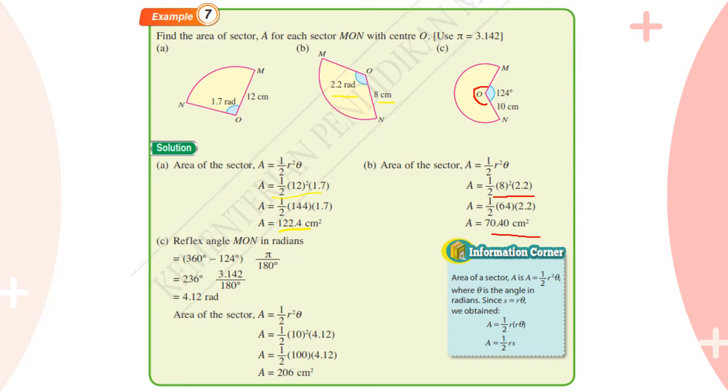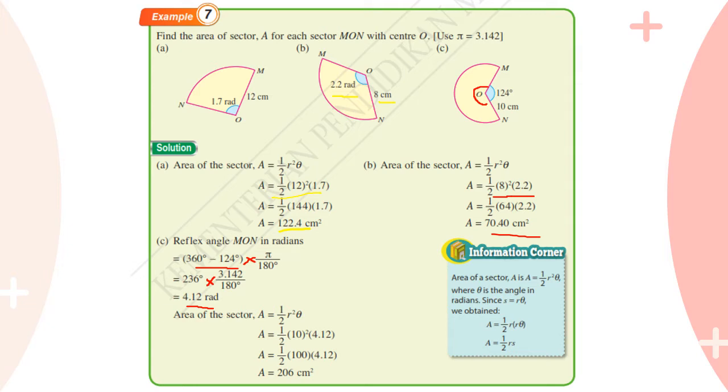First we need to subtract 124 degrees from 360 degrees to get the angle inside. And then we multiply with pi per 180 degrees so that we can change the angle to radians. You just substitute the value and you will get the answer as 4.12 radians.